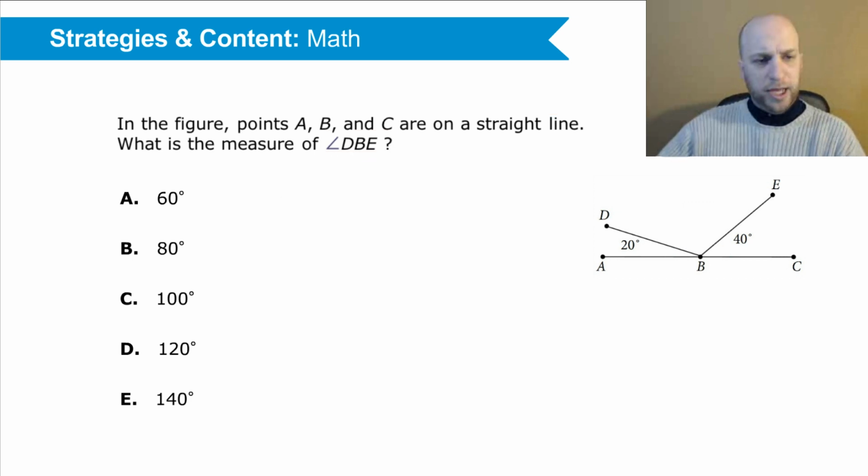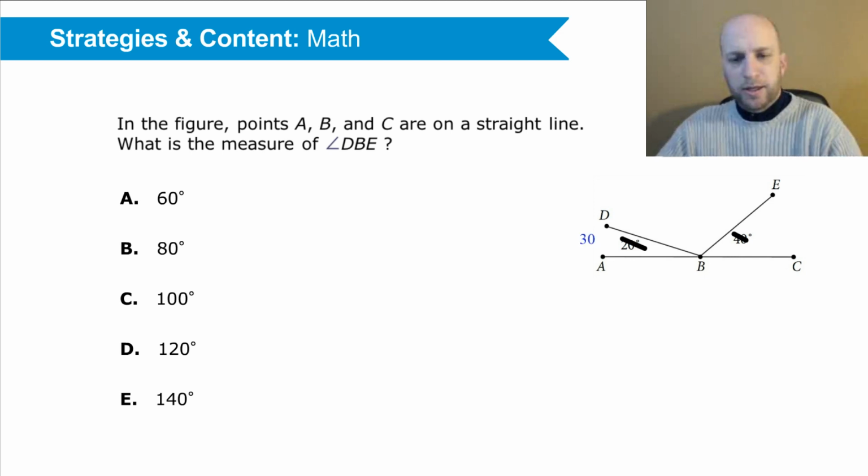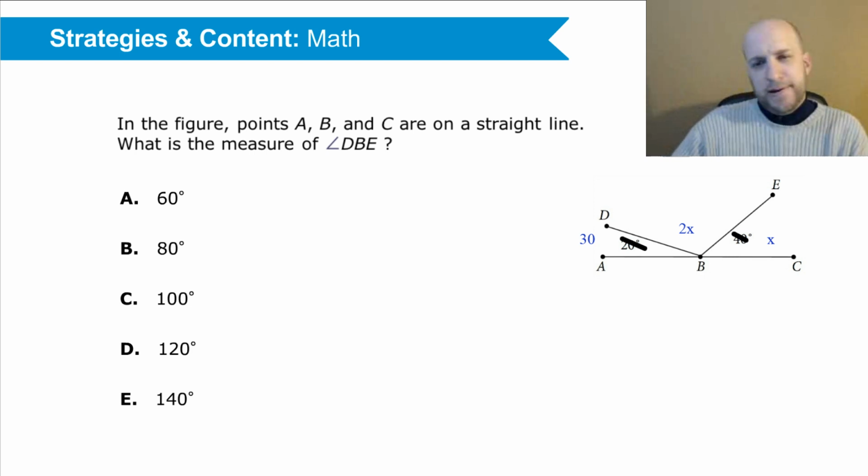Cool. Now, if this was not number 2, if this was a little bit deeper in the test, let me show you what that would look like. Instead of getting these numbers alone, let me just cross it out a little bit. Let's just say they gave me 30 over here. And they gave me x, and they gave me 2x. Help me out, everybody.